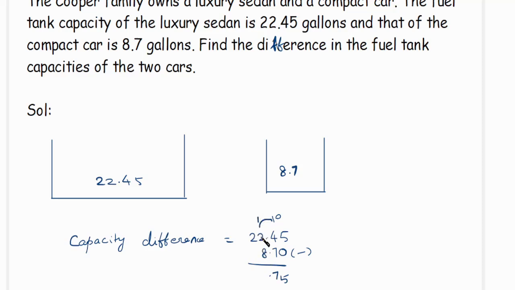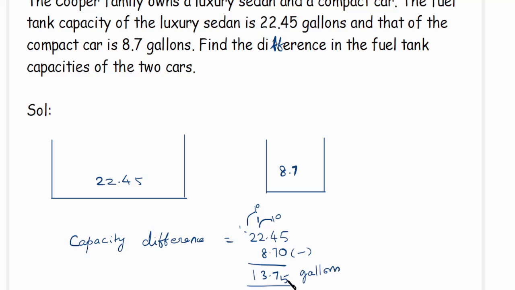So 8 cannot be subtracted from 1, then we have to borrow from here and it becomes 11. So 11 minus 8 is 3, and this is the 1. So this is the tank capacity difference: 13.75 gallons.